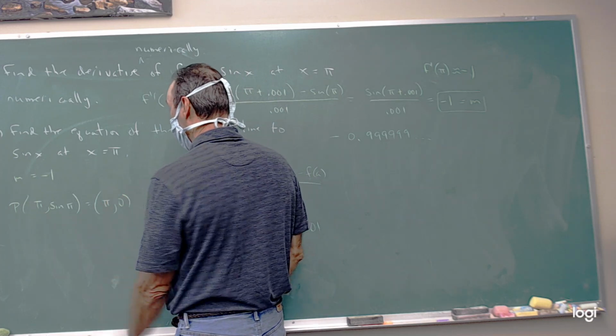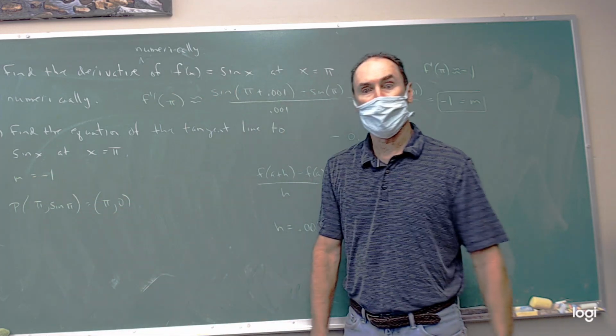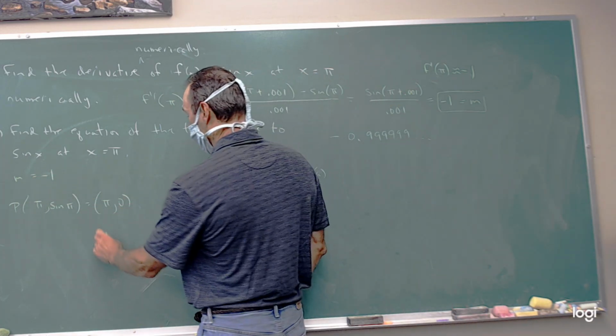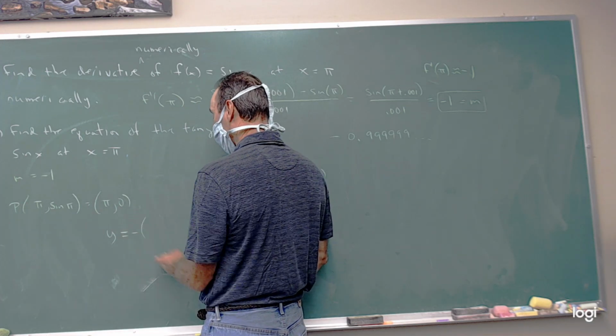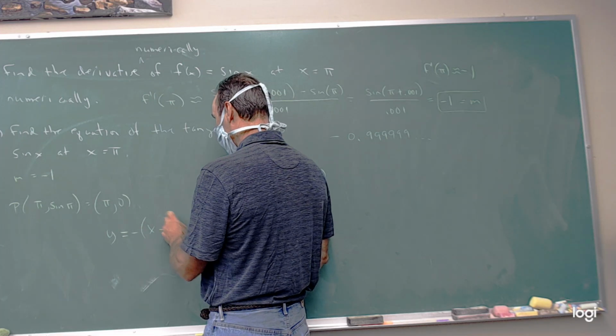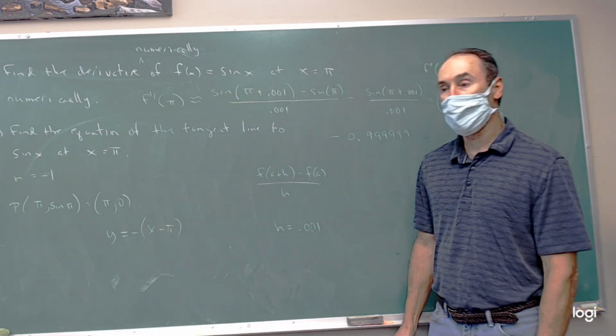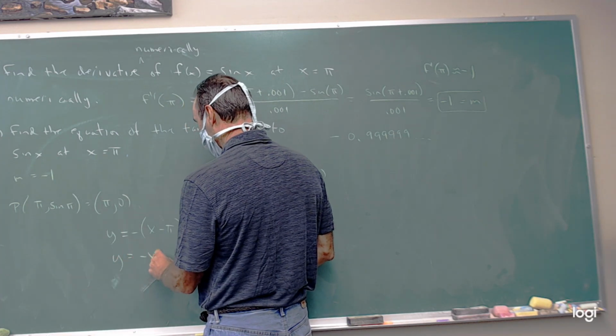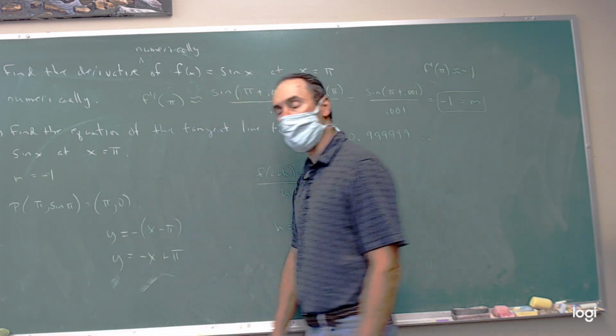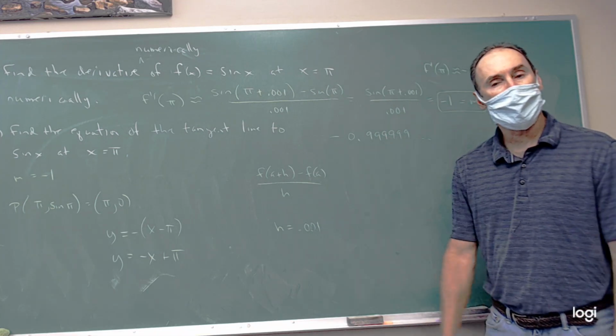Okay, so now we have a point and a slope. So we can say y minus y1, which is 0, is equal to negative 1 times x minus x1, which is pi. You're welcome to leave it like that, or since we're so close, we can go ahead and write it in slope-intercept form.